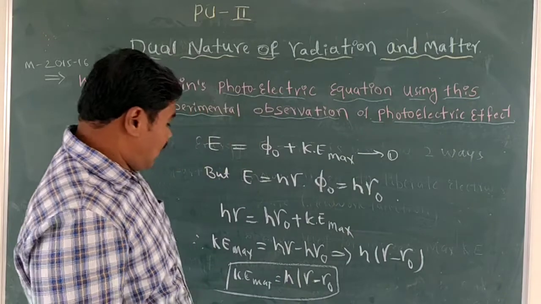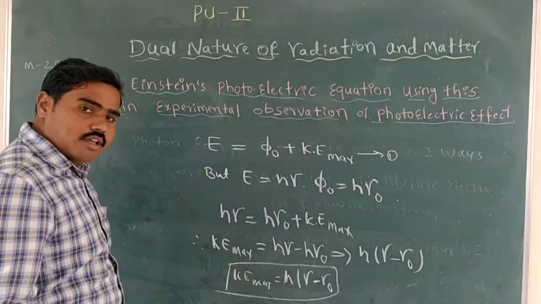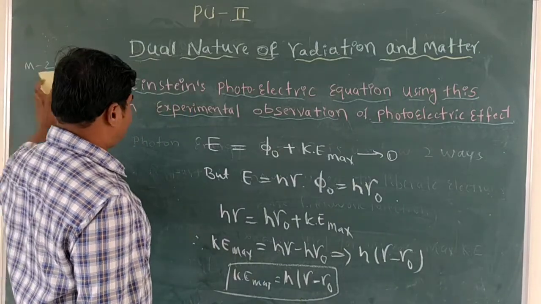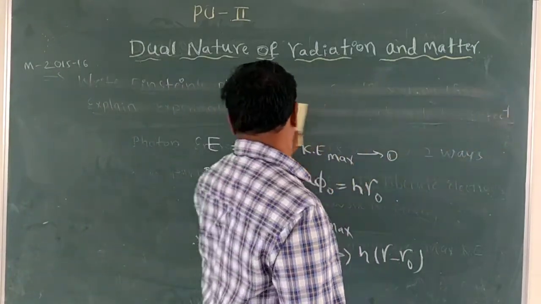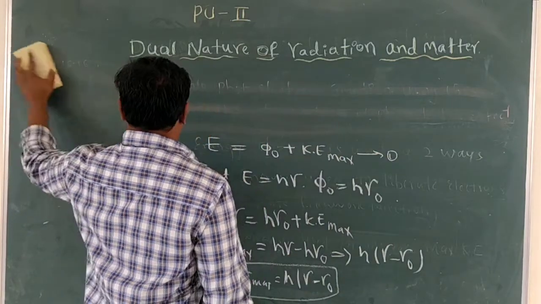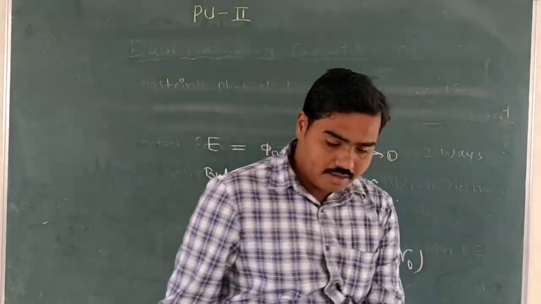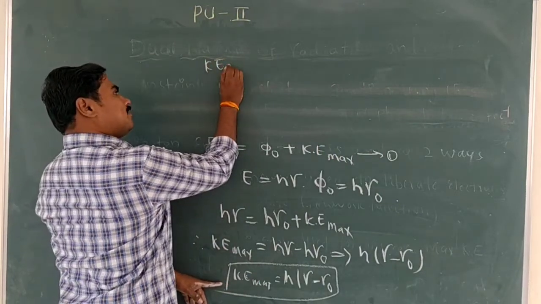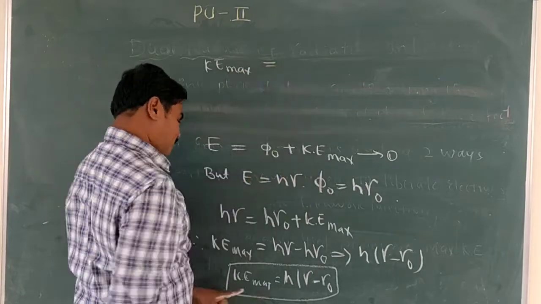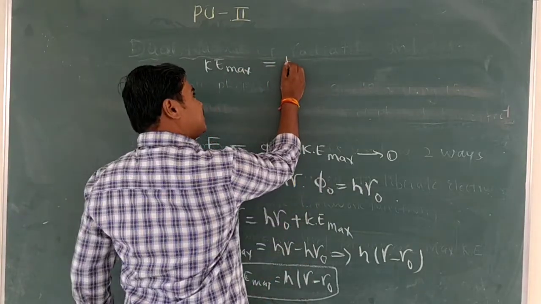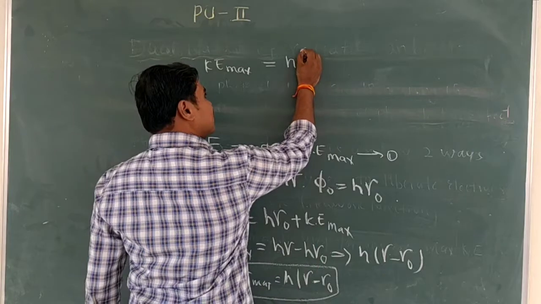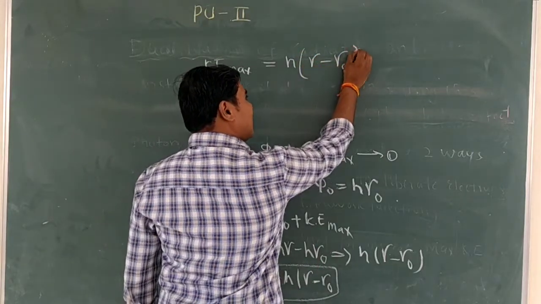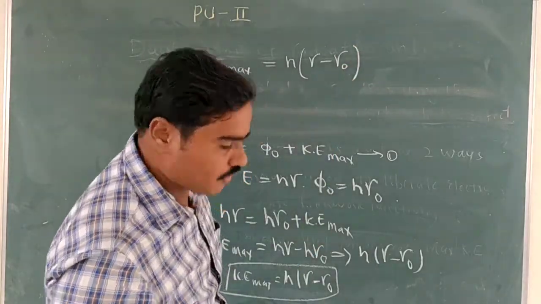Then this equation is converted into the form of wavelength. See, kinetic energy maximum is equal to h times nu minus nu naught, where nu is the frequency and nu naught is the threshold frequency.